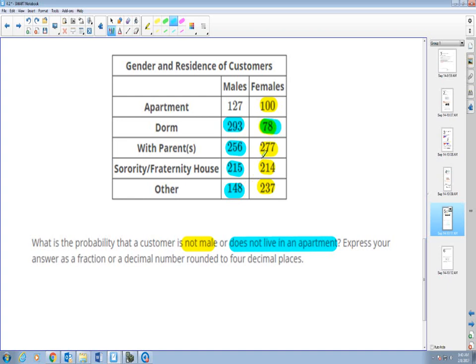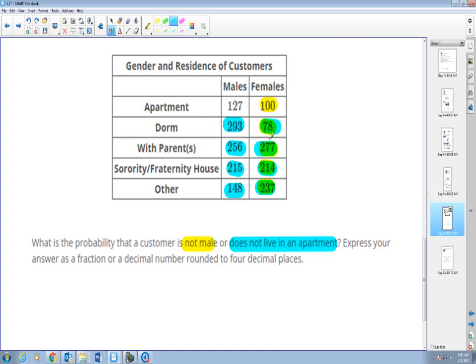See that thing turn green right there? The green one is the overlap with the yellow. The first event says not male, so that's all the females here. But the second event is only referring to not living in an apartment.